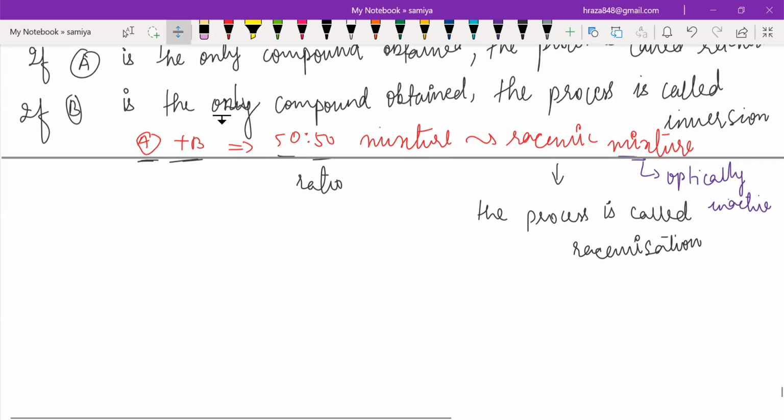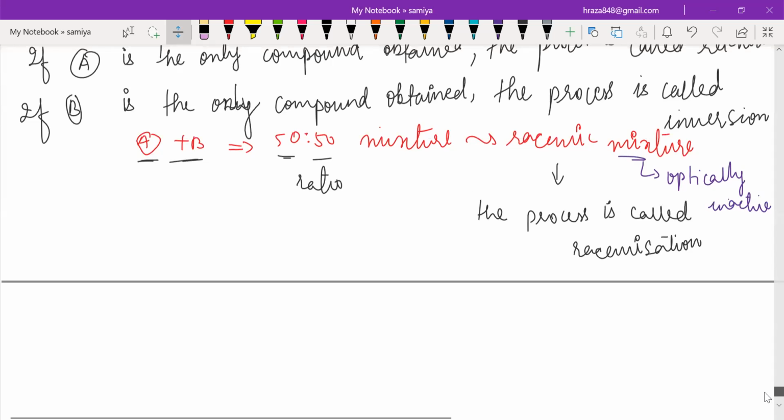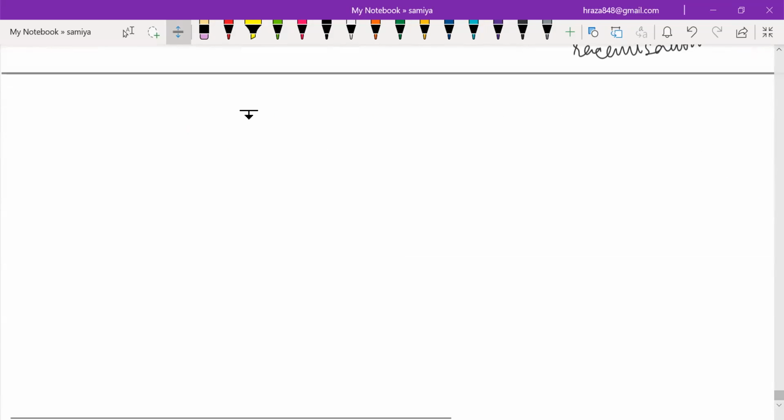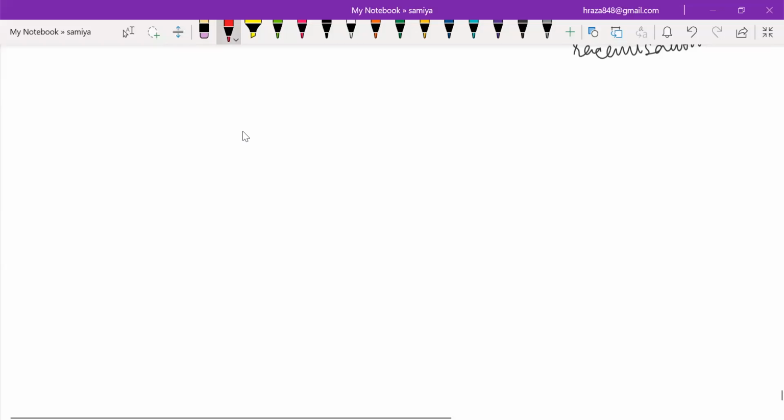Yes, sir. Okay. Now see, in the beginning of SN2, I wrote a point that the SN2 mechanism is from back attack. So this point is very important.